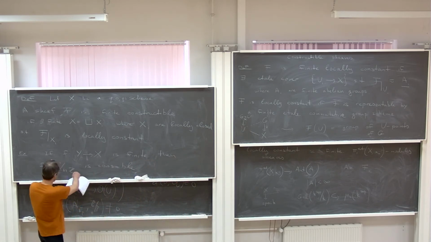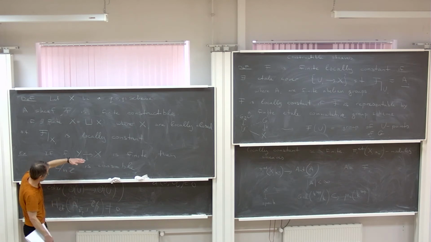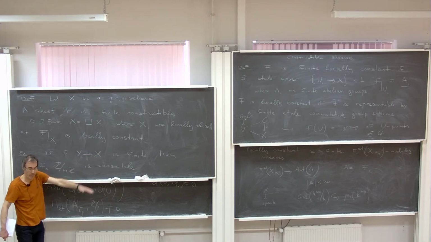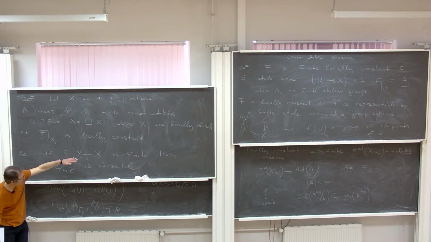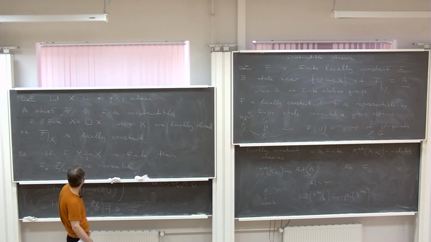It's just going to be the direct sum of copies of this guy. So if F is étale, then you actually get a local system. And you can even characterize this local system in terms of the representation of the fundamental group.